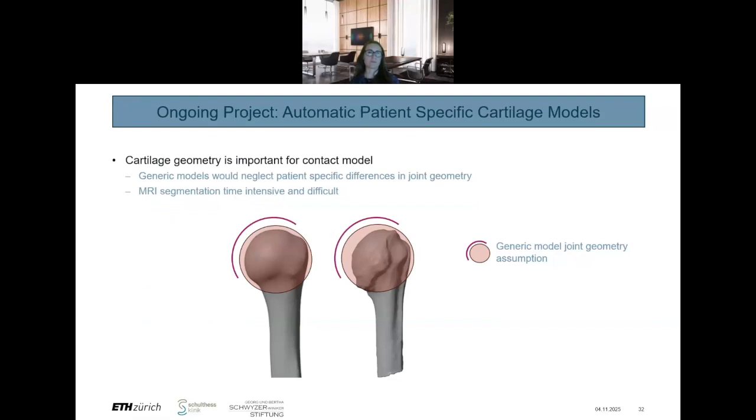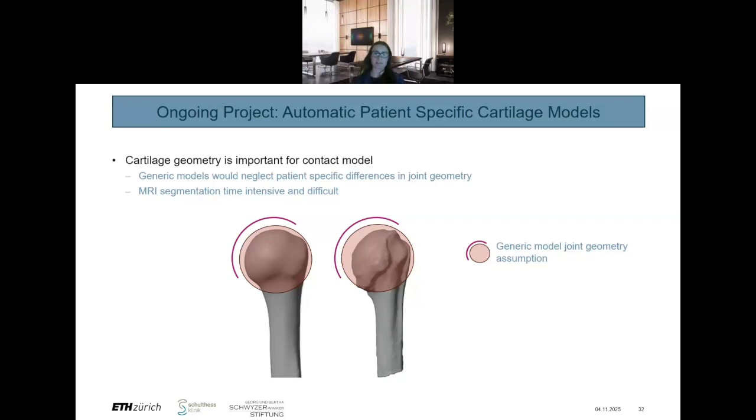And just a brief overview of why we're doing this kind of cartilage extrusion from the bone is so that in the future, we're not enforcing some sort of joint geometry that's actually not patient specific. So here you could see if we're just assuming from the literature that all humeral heads have a certain radius of curvature and all glenoids have a certain radius of curvature, that's not really representing these, for example, osteoarthritic subjects.